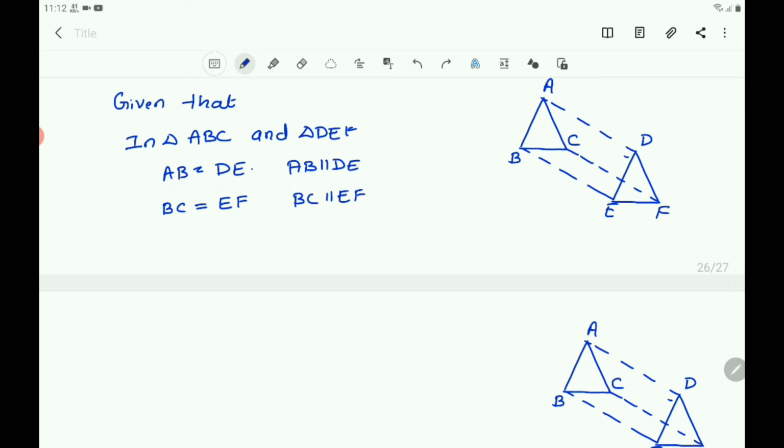Now first one, what you have to prove? We have to prove that ABED is a parallelogram.